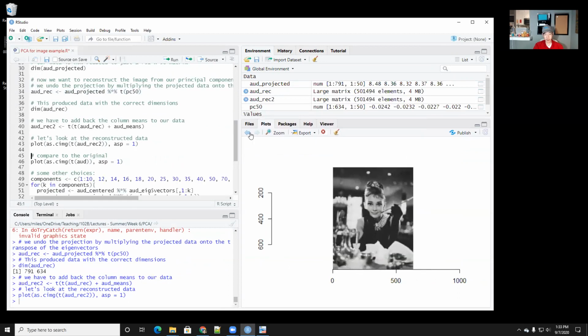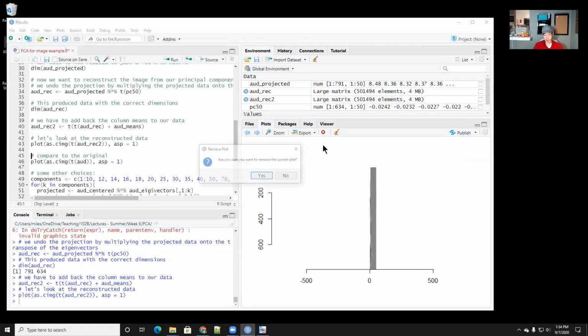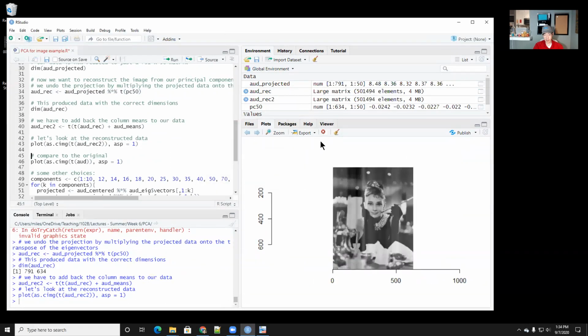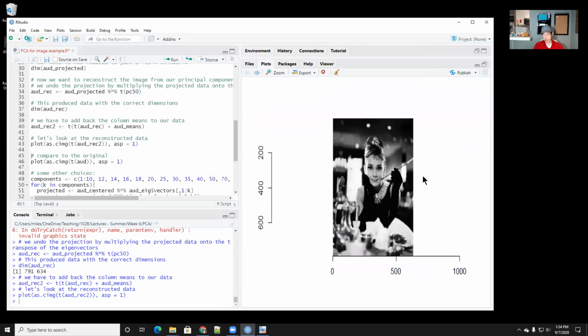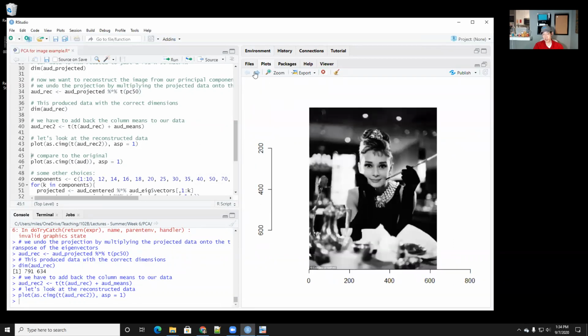Now let me delete the streaky image. Here's the original image, and this is what we recovered after only keeping the first 50 principal components.